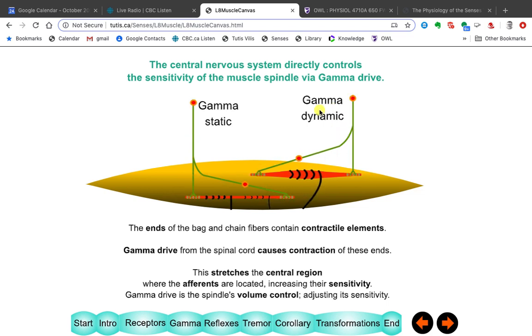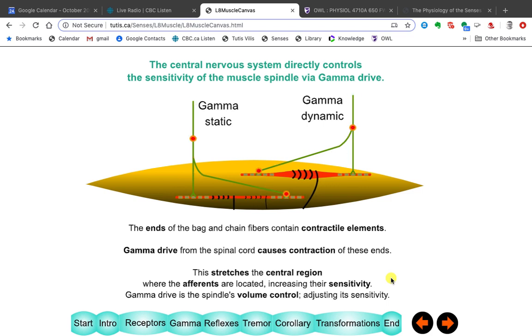So the word dynamic is used for something that signals some change in a phasic or dynamic way. This one is sort of the activity goes slowly up and then slowly down. That's more static. That's, I guess, the origin of the name of these two.